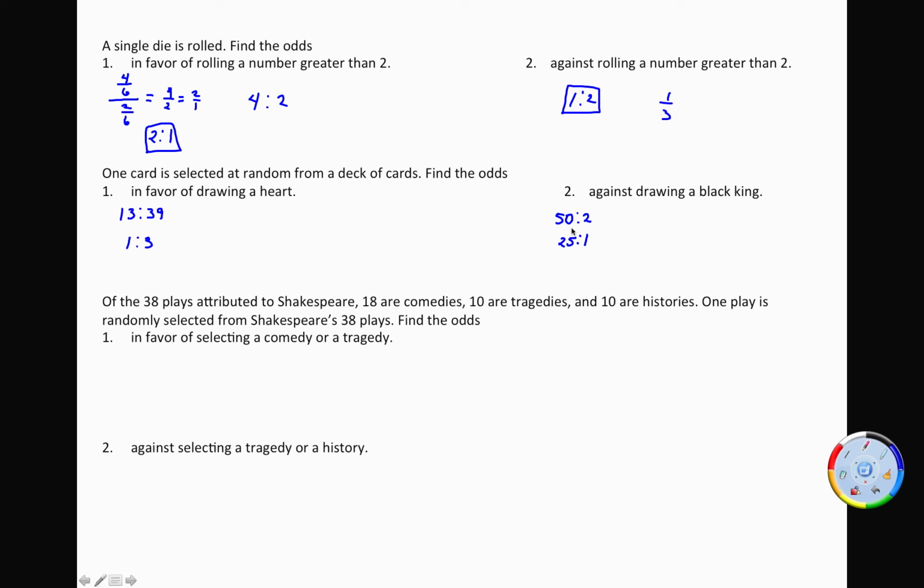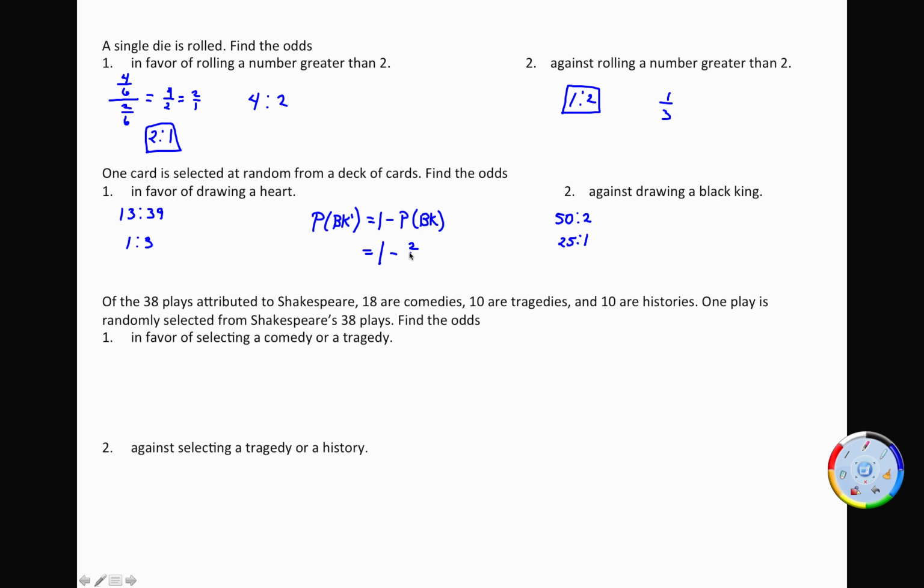Again, if you have a little bit of trouble with these larger numbers, go back to your formula. The probability that you don't draw a black king. So the probability that it's not a black king, I still have to count up how many are not a black king, but I also have this formula: the probability of not a black king is 1 minus the probability that it is a black king. So I can get that from 1 minus, okay, so how many are black kings?